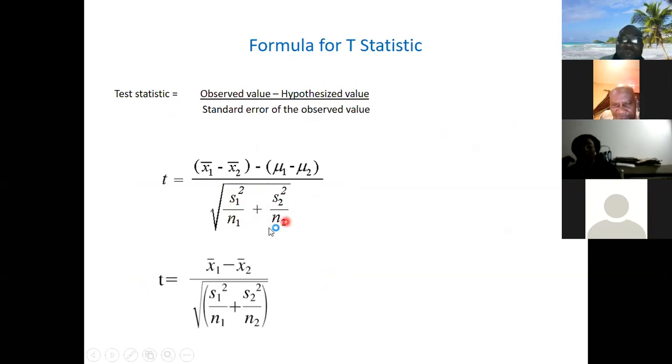Because you are two groups now, if you want to expand the square root over all of them, you have to square the one that doesn't have a square root before. That is where the S squared for both of them comes from. So it's the same formula. The denominator is just the standard error of the difference between the two groups.